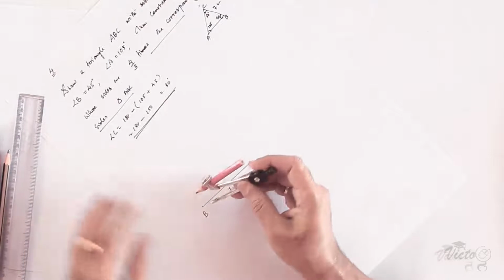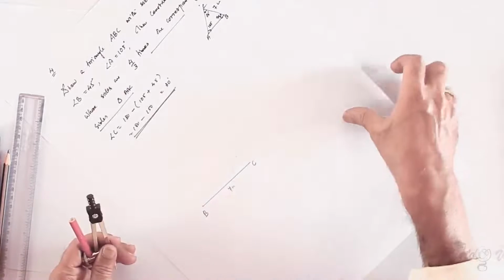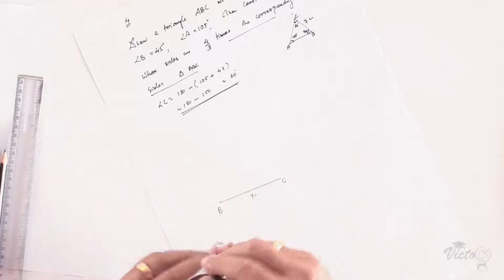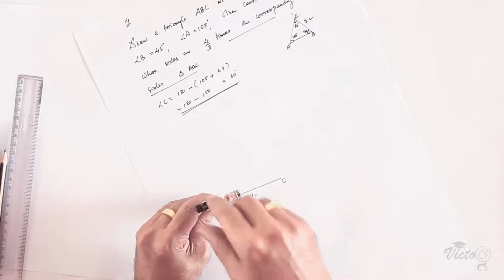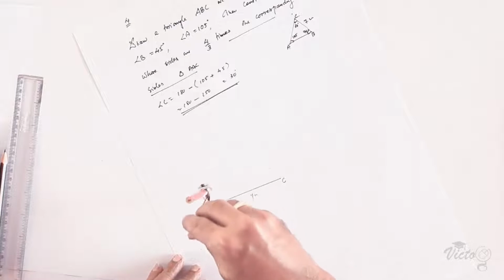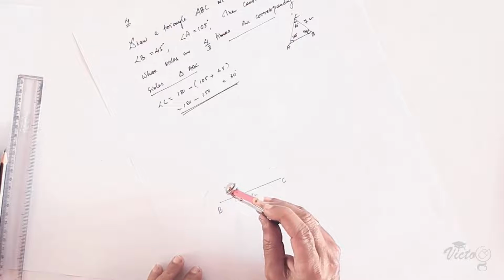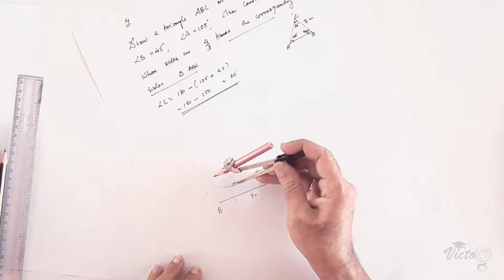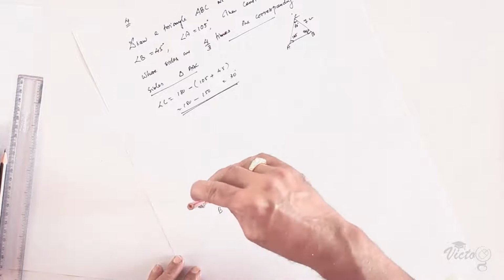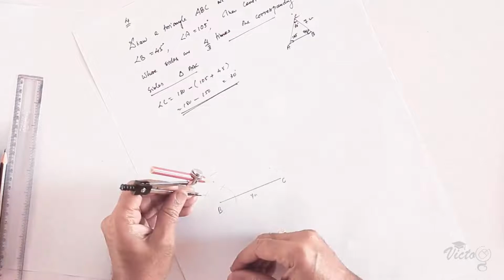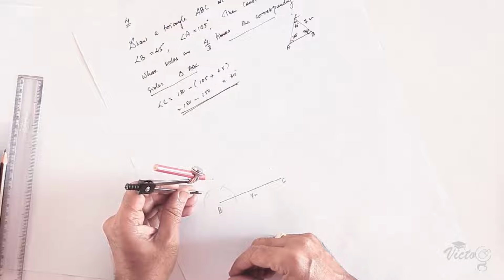Then we will get 45 degree. Drawing 90 degree at the angle B. Construction of 90 degree. Second arc, third arc, then with the point of intersection, cut the fourth arc.